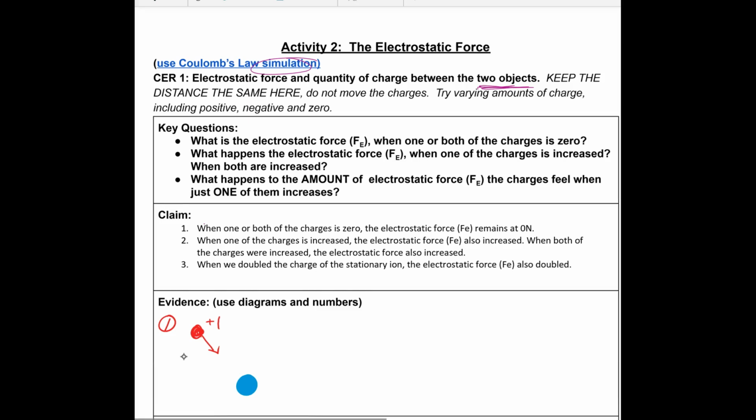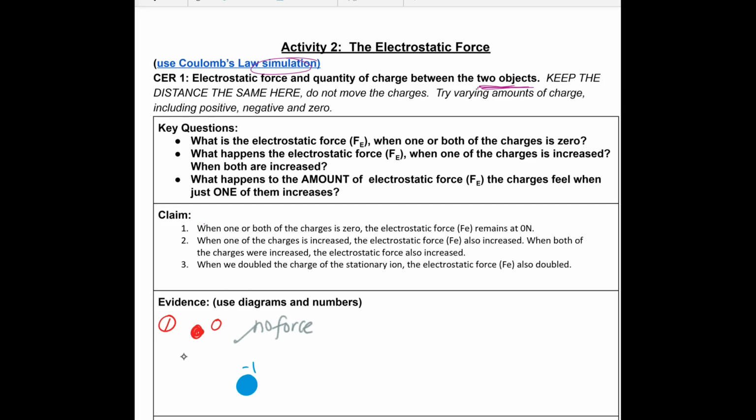And then we had our mobile ion here, which was -1. Now when we turn this to become 0, so we'll go ahead and erase this. When this was 0, that means that we actually didn't have any force, so there was no force.